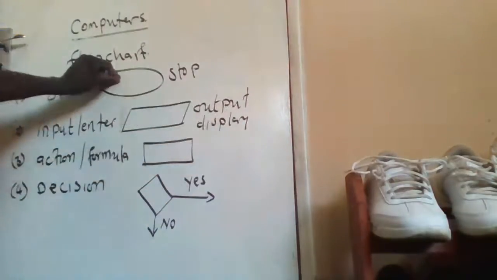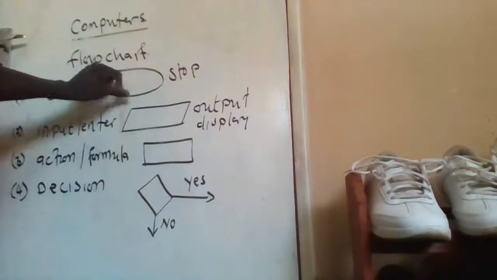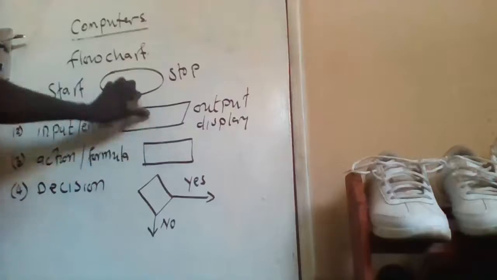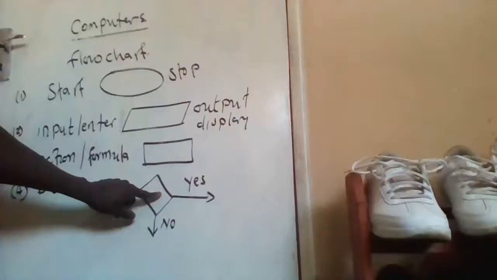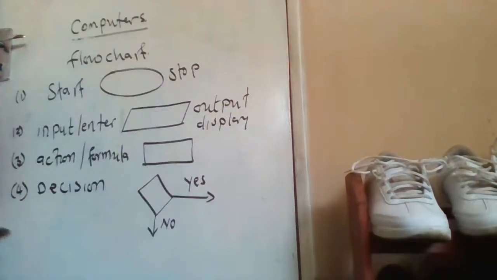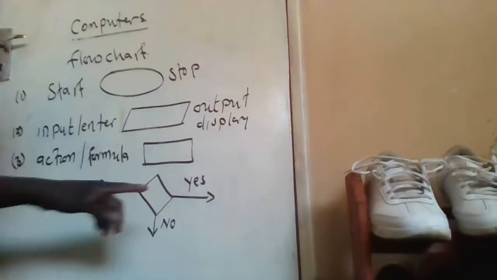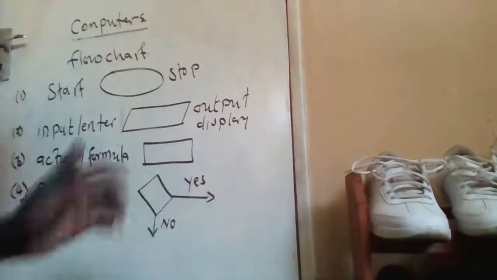You turned on the PC, you enter the password, it is loading. When the password is wrong, it will ask you to go back and enter the password. And if it is correct, it will now ask you to perform an action.